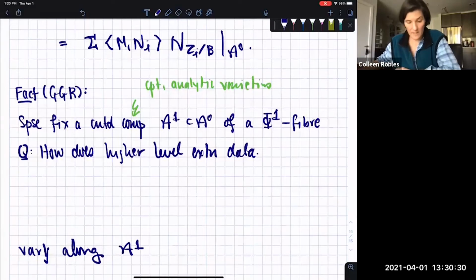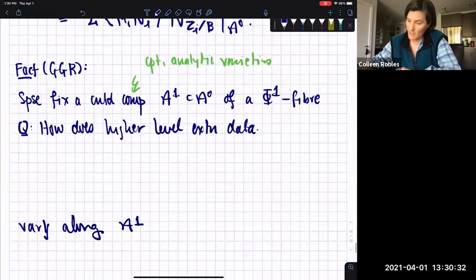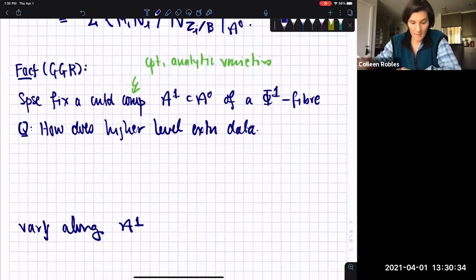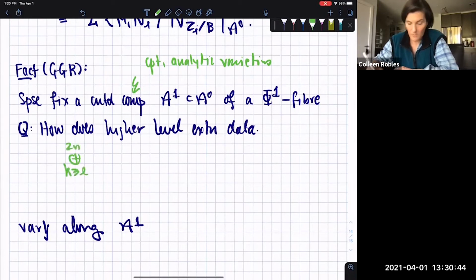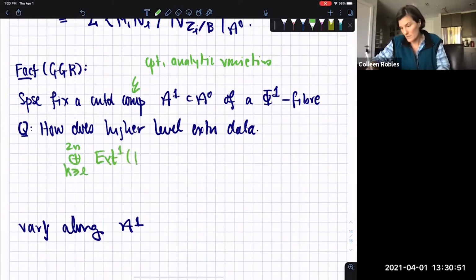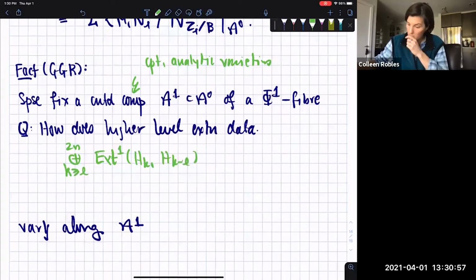Once we fix the level 1 extension data, what is there left to vary? By the higher level extension data, here's the level K extension data, for example, sorry, level L, so I could take K greater than or equal to L up to 2N. And now I'm looking at extensions that drop down not just one step in the weight graded quotient, but drop down L steps in the weight graded quotient.